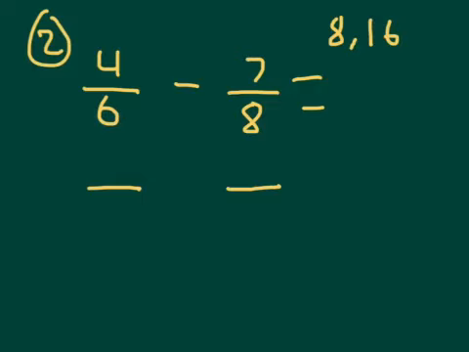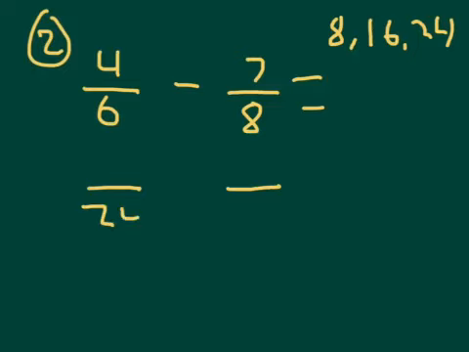Can 6 ever go into 16? 6, 12, 18, it never lands on 16, so that won't work. So you continue: 8, 16, 24. Can 6 go into 24? Yes, 6, 12, 18, 24. So 24 is going to be your new denominator.